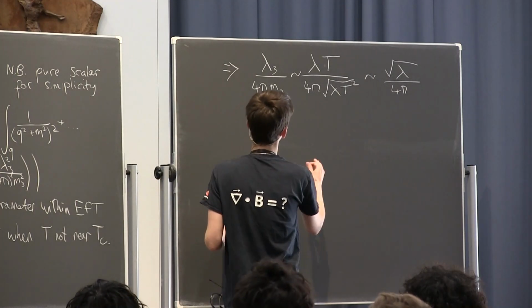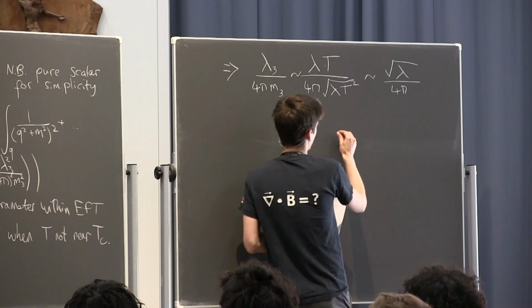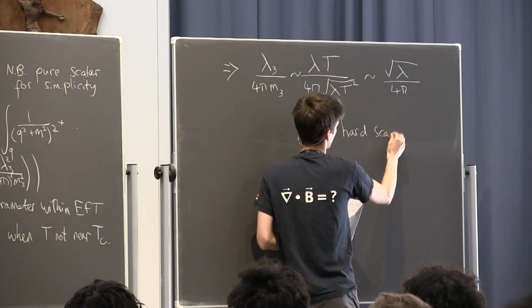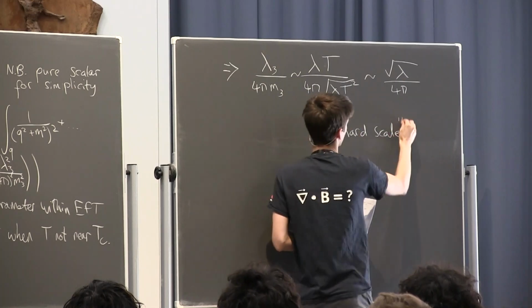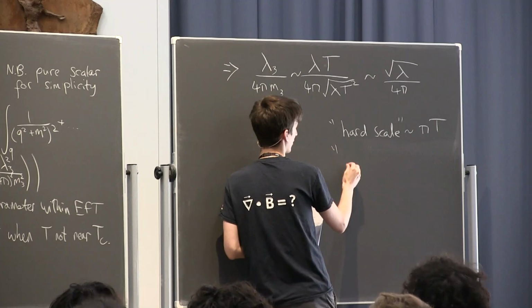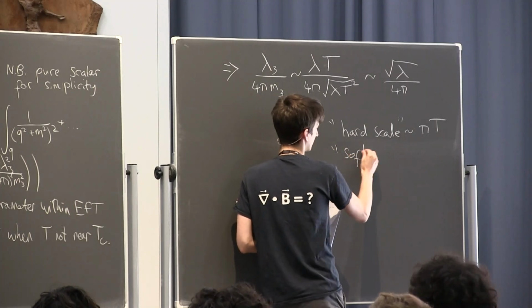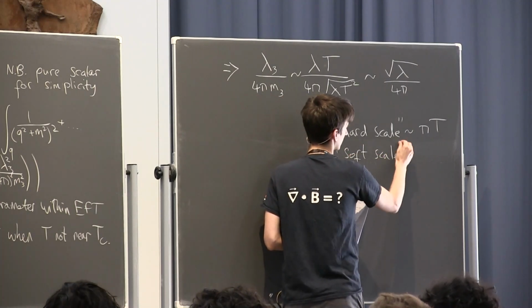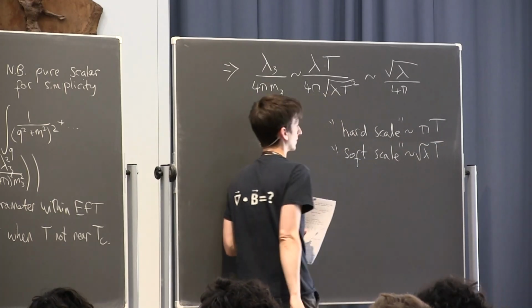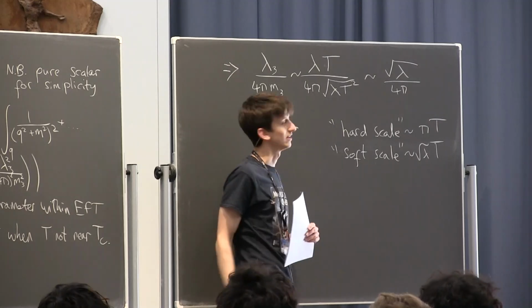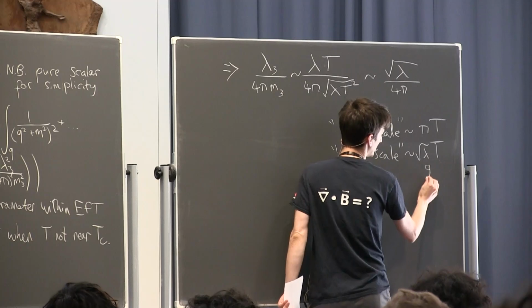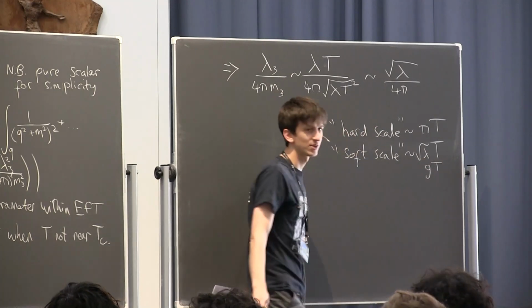Yeah, we typically call this scale, let me just give you some terminology. So the non-zero Matsubara modes live at the hard scale. The soft scale is what we're looking at right now. You can also write this as g times T, square root of g squared.